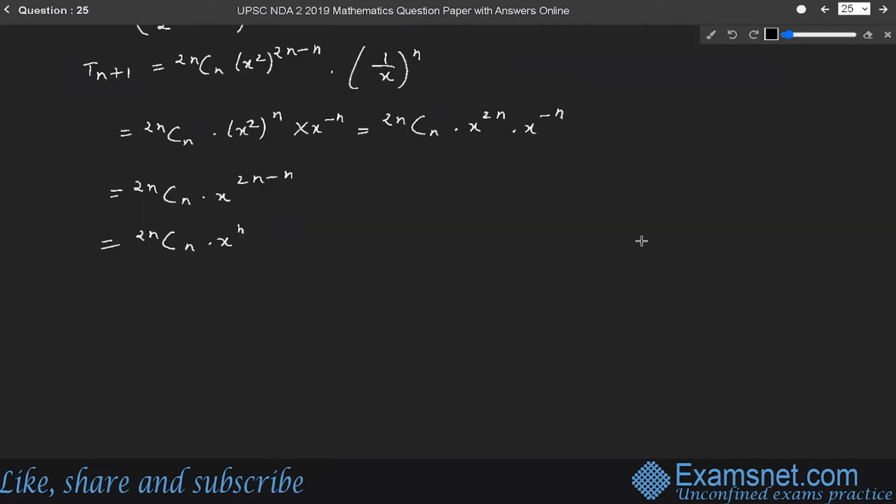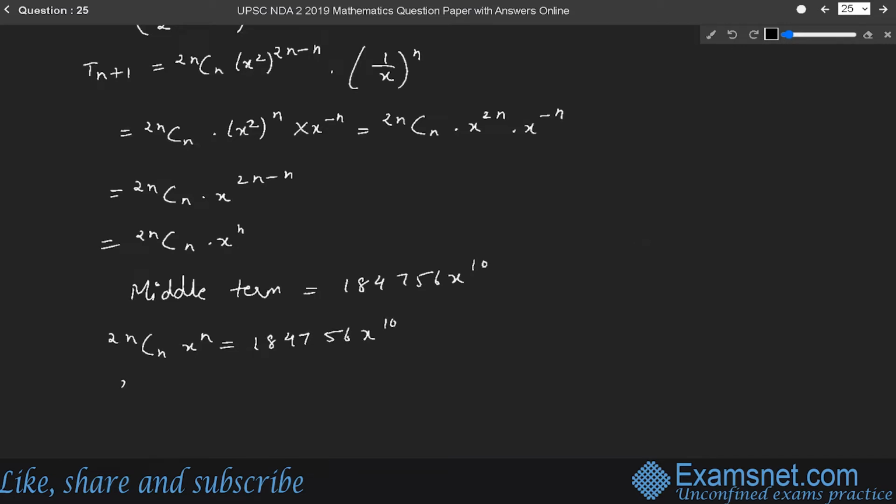Now it is given that the middle term is 184756 into x power 10. Therefore, 2nCn x power n is equal to 184756 into x power 10.